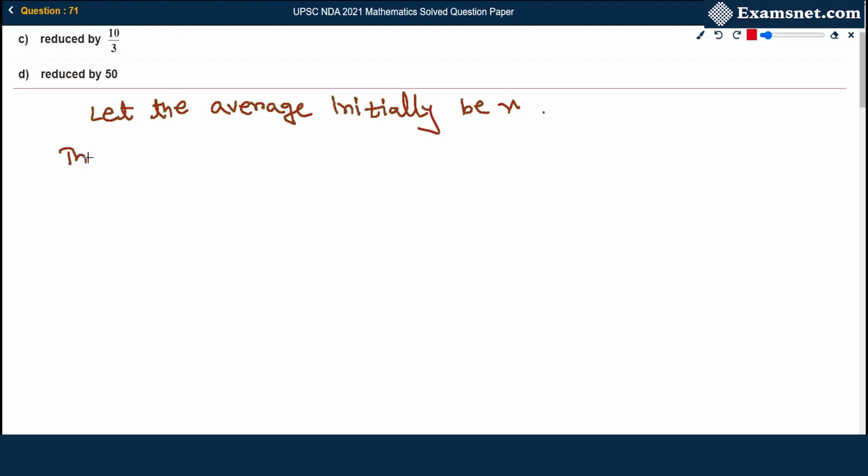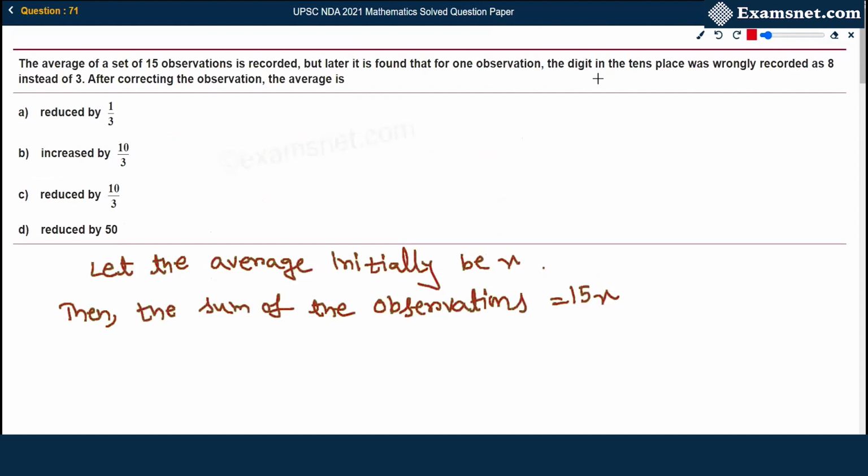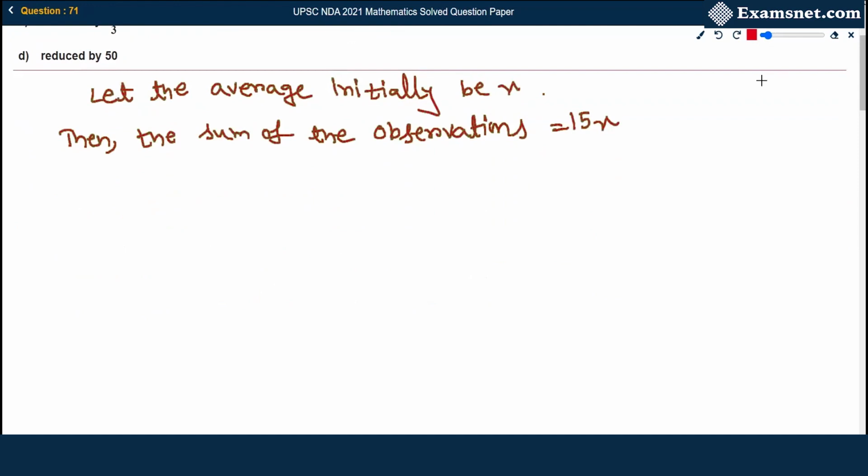So the sum of the observations equals 15x, right? Now look here, it's given that the digit in the tens place for a number was wrongly recorded as 8 instead of 3. Look here, how can we represent a two-digit number?